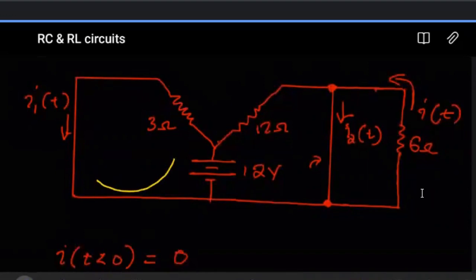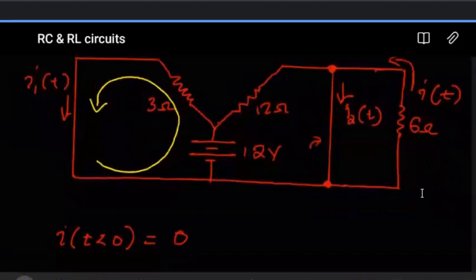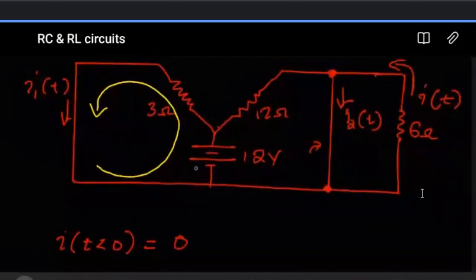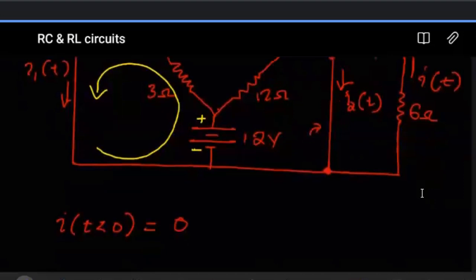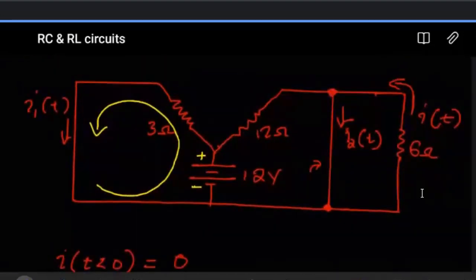So if I was to loop around in that manner, for this loop here, we observe that this part is minus, and this part here is positive. So I start this loop. I find the source at its negative most point. That is going to be minus 12. And when I continue, I find the resistor. This resistor, I did assign polarity somewhere here.